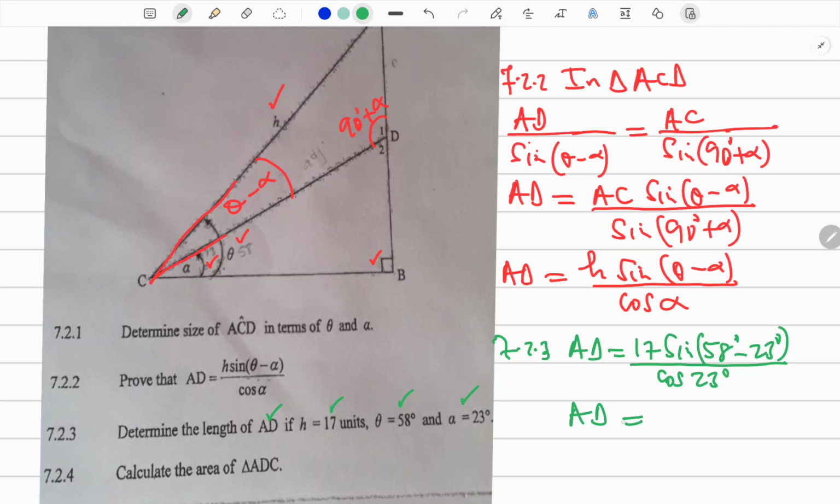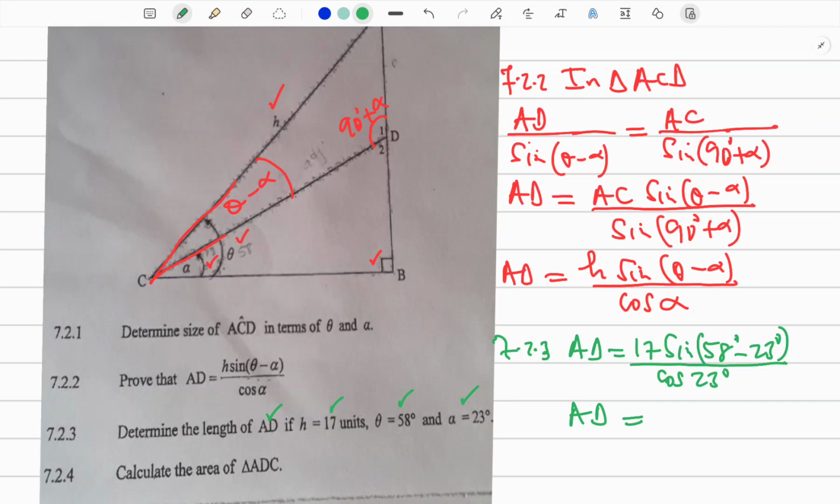One can use a calculator to determine the length of AD there.